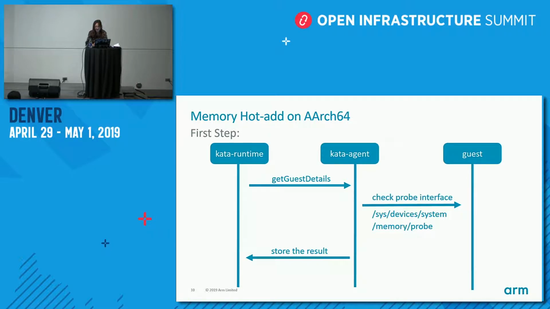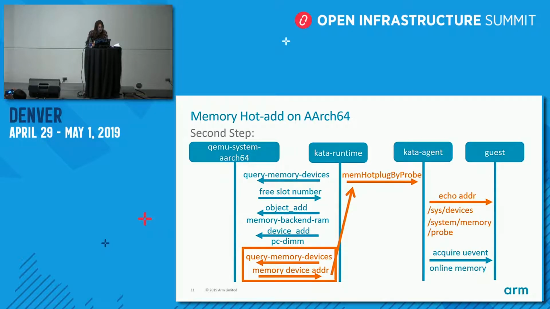The Kata runtime will send a request to the Kata agent, and the Kata agent will check the existence of the probe file and return the result to the Kata runtime to store for further use.